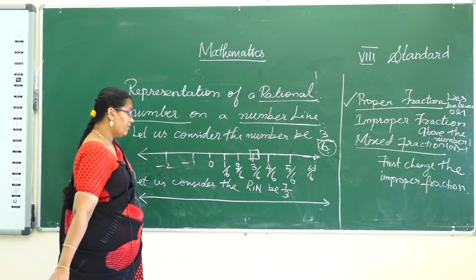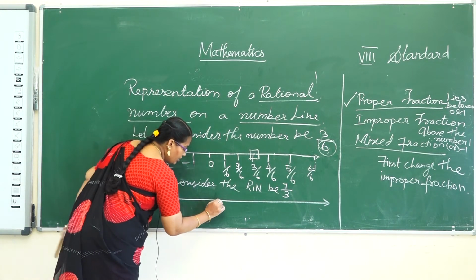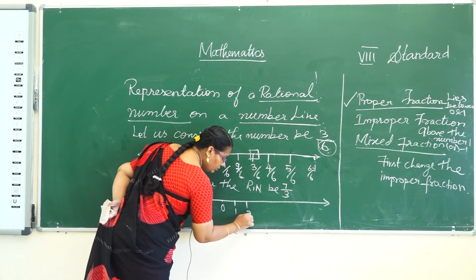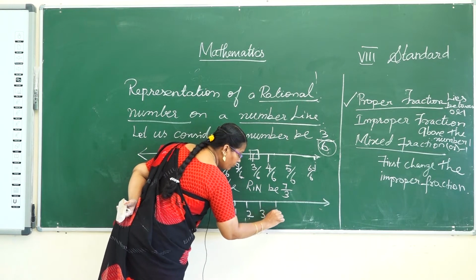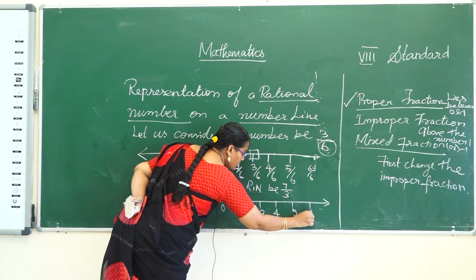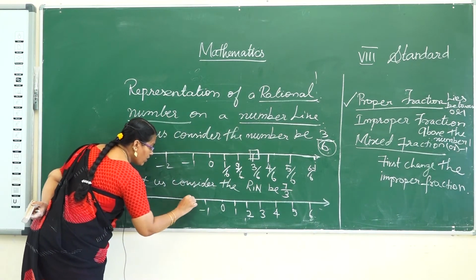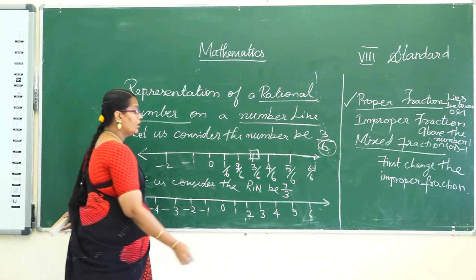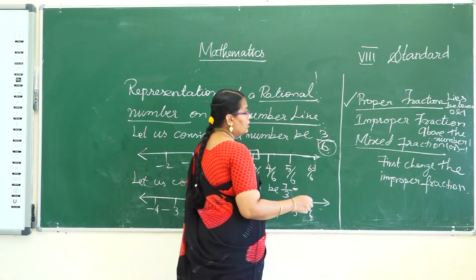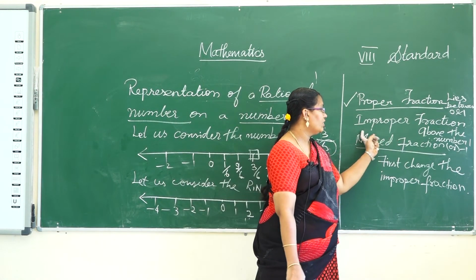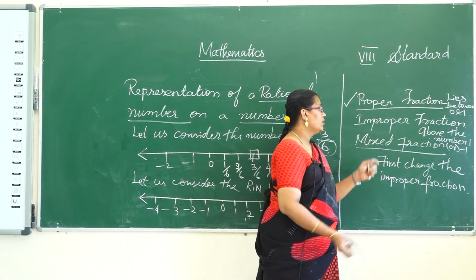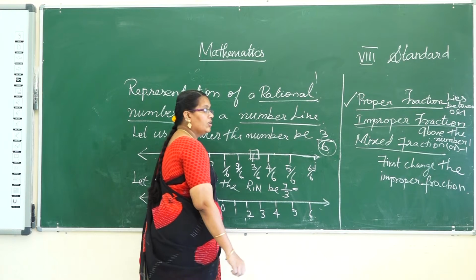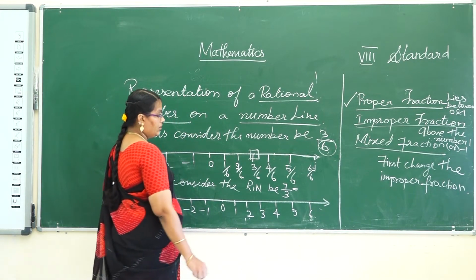As usual, here put 0, 1, 2, 3, 4, 5, 6, and here minus 1, minus 2, minus 3, minus 4. What is the rule? Improper fraction is given, change it to a mixed fraction.